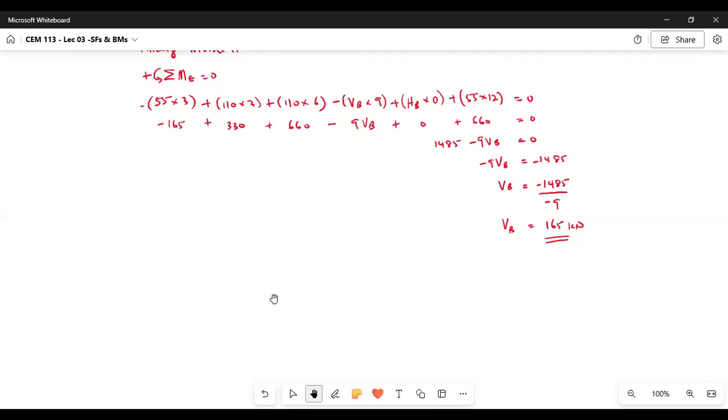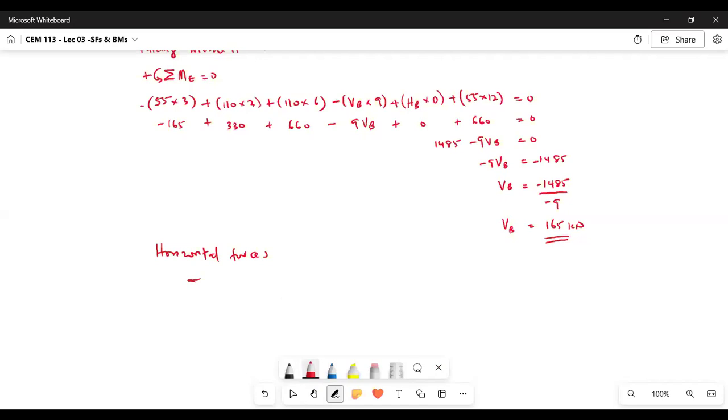Okay, so we do it. There is a horizontal force, so we cannot skip that. So horizontal forces.